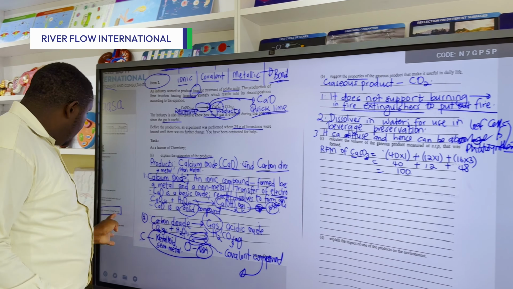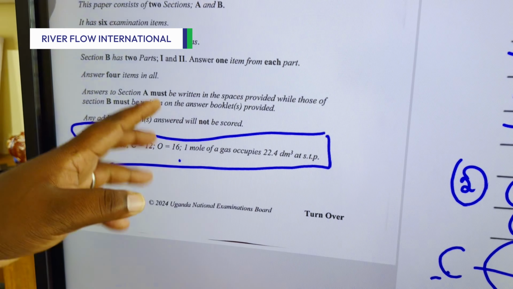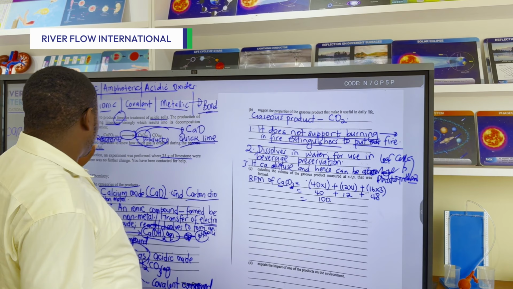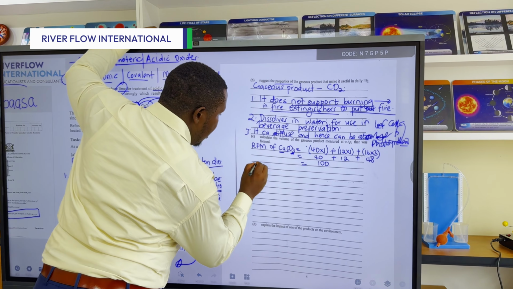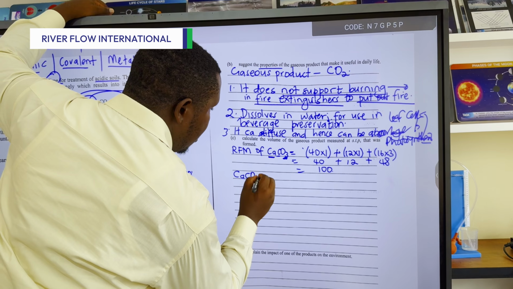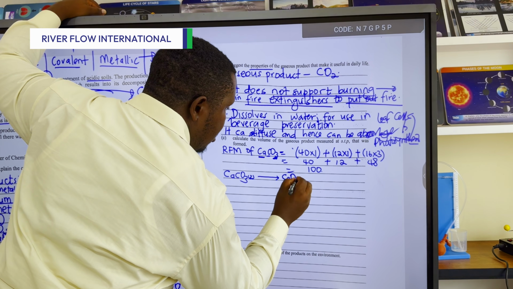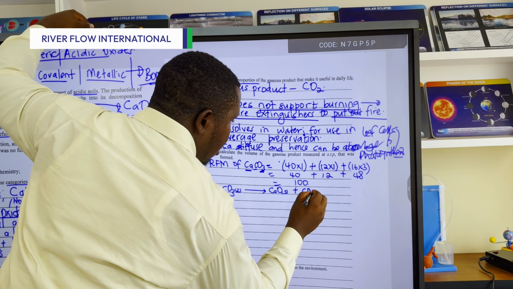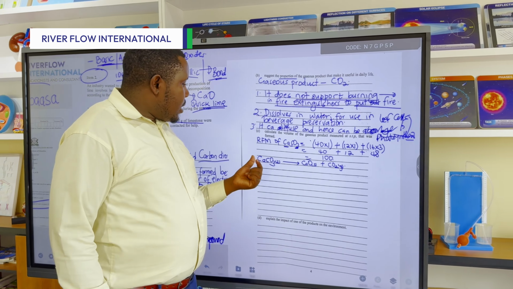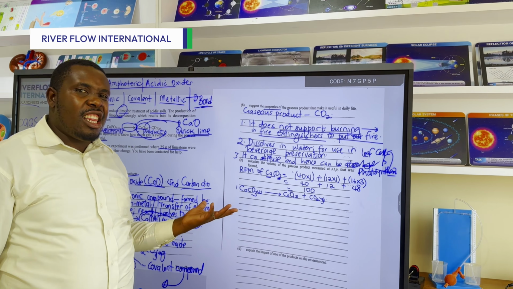So that's why sometimes when we are talking about 1 mole producing 1 mole, don't ask where it has come from. So we come back to the equation. Our equation, let's first write it here, is calcium carbonate, solid state. When it was heated, it released calcium oxide, solid state, plus carbon dioxide, which is a gas. Now, since we have 1 mole of calcium carbonate, if there is nothing written, we put 1.